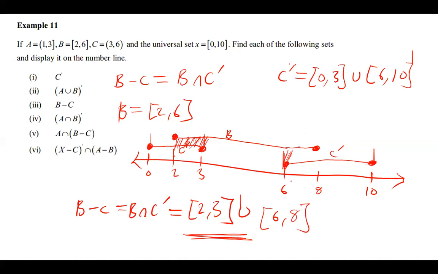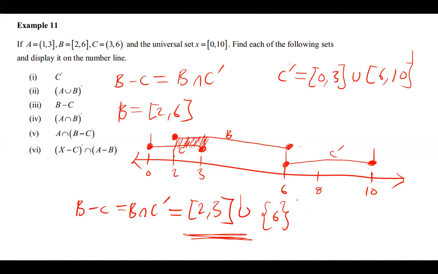But since it's just a point, we just say, let me write it properly, this is just a point, we just write 6 alone there. Like that.